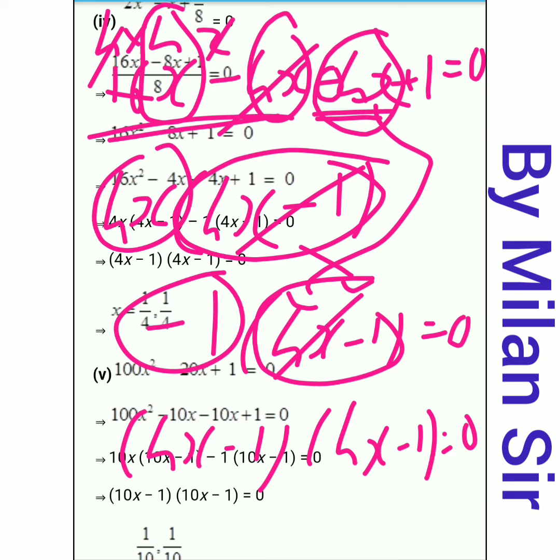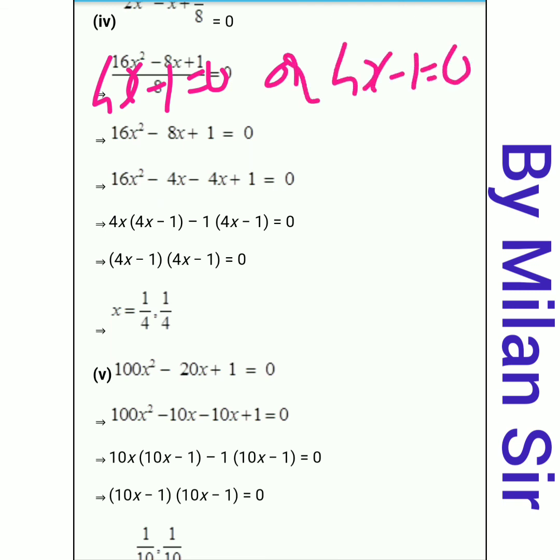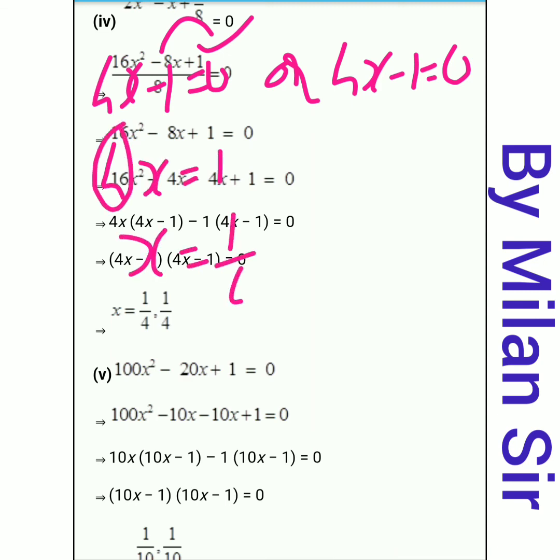Okay, now here we get the same bracket, right? So 4x minus 1 is equal to 0, otherwise 4x minus 1 is equal to 0. We get our two factors the same. Now for finding x, just transfer this minus 1 to the right hand side, it becomes plus 1. And transfer this 4 to the right hand side, it goes to the denominator.